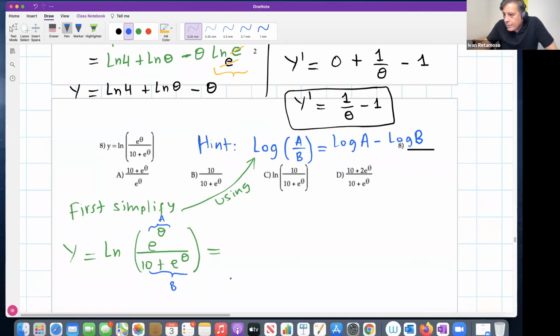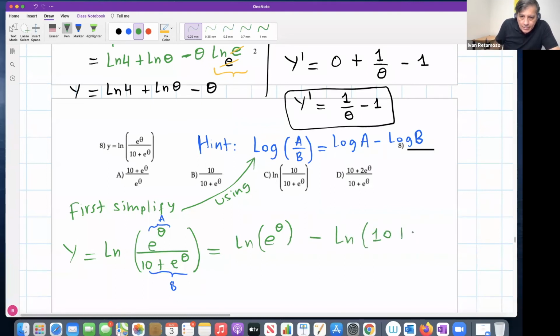This is when the base is not e. What to do? We'll continue this as a hint. e to the theta, minus natural log of 10 plus e to the theta. This is y, right? And now take the derivative. You're going to simplify this too. I'm going to give you a hint: here there is an e.